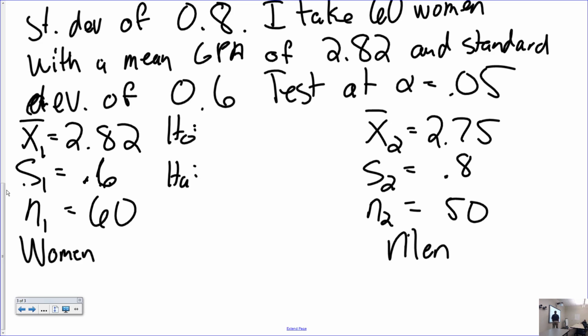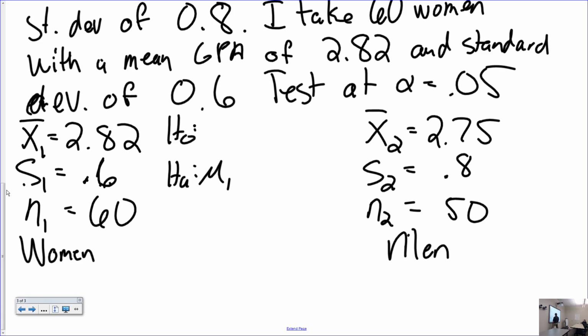So what am I going to say mathematically using ones and twos? So that would be your X1. Except use mu's because now we're at the population level. Yeah, you're on the right track.